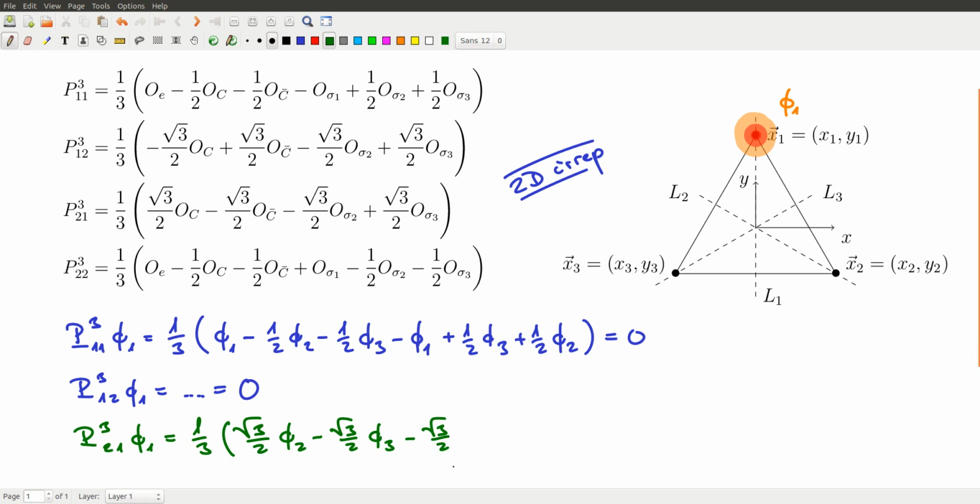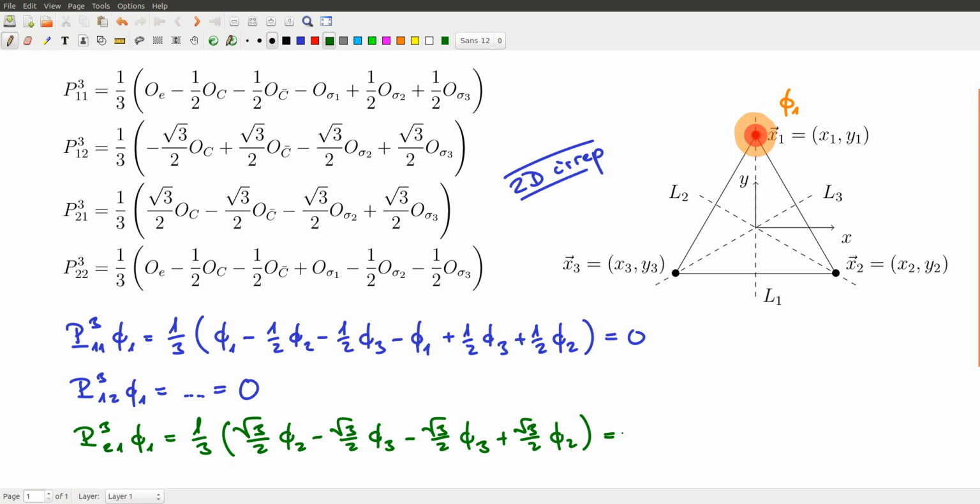The sigma 2 reflection across this axis gives us phi 3 minus, and the sigma 3 reflection gives us a phi 2. And here, I made a mistake. There's a plus here, has to be a plus here. Plus.